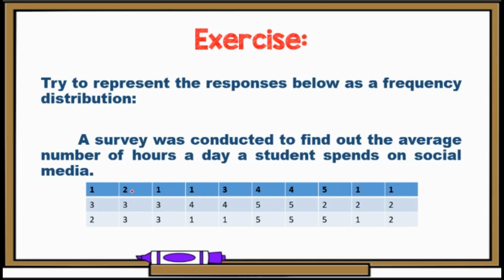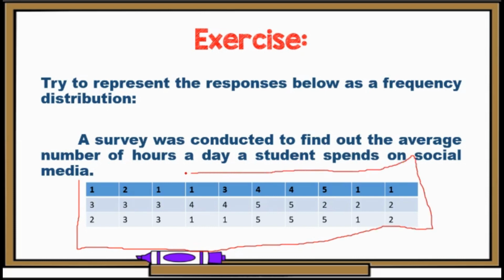Ilang respondents ba yun? 2, 4, 6, 8, 10. We have 30 students na nag-respond dun sa survey. So, please try to make your own frequency distribution for this dataset. And ilalagay ko sa Google Classroom kung paano nyo siya isa-submit.